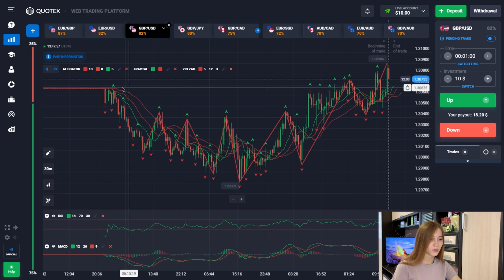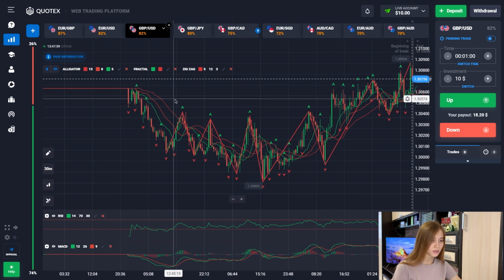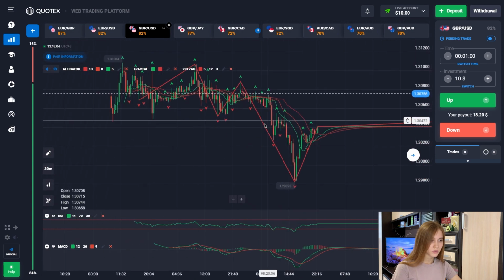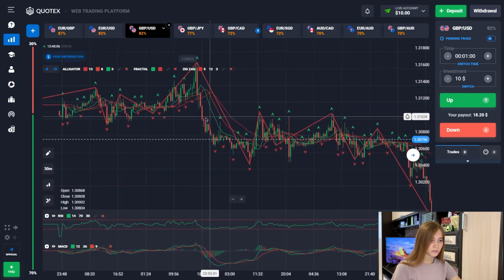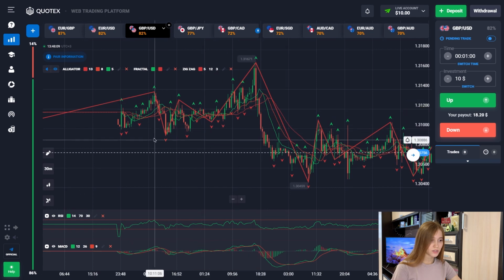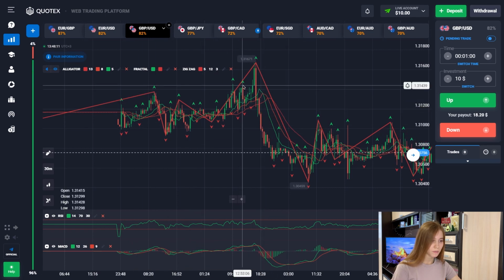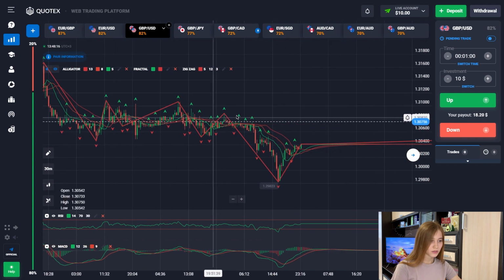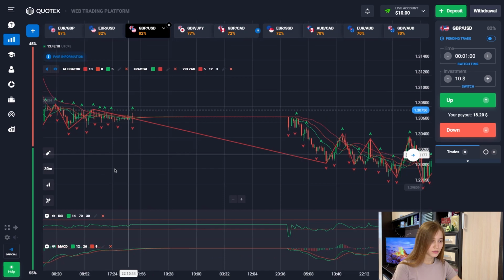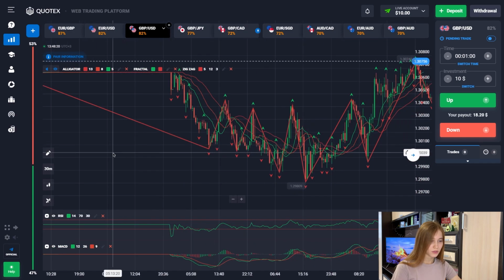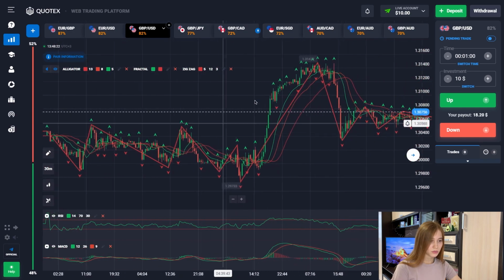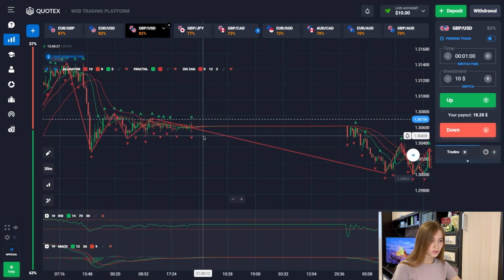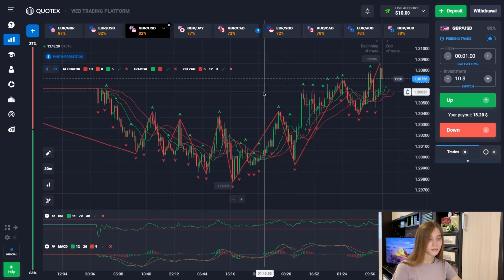Here we had the opening of trading. Here we have a rise in price. A corrective, sharp movement. Here the same thing. The price rises and then falls.